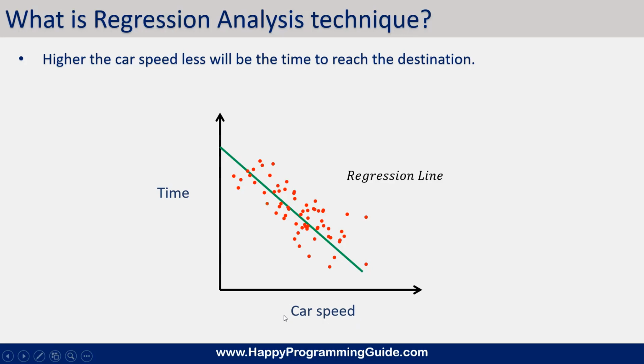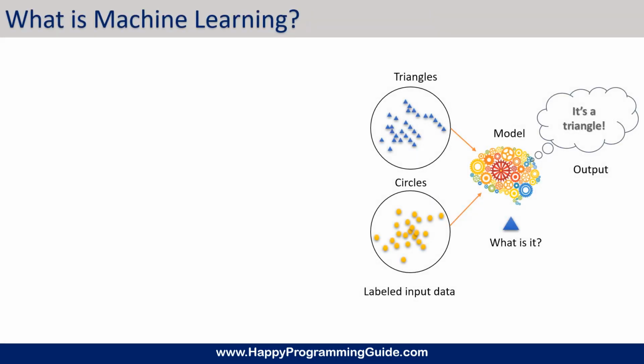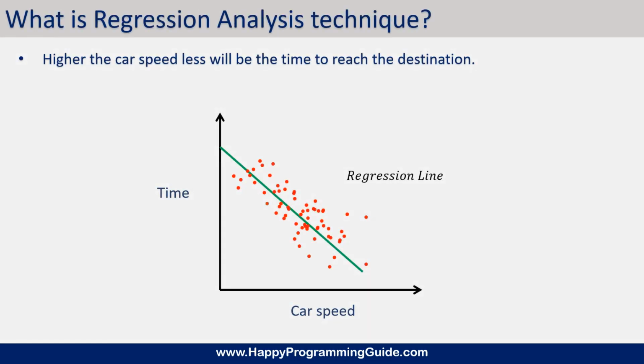And here the relationship is negative. As the speed increases, the time required to reach the destination decreases. Here the slope of the regression line is negative. So that is about the regression analysis technique. Just keep in mind that it tries to estimate the relationship between independent and dependent variables.